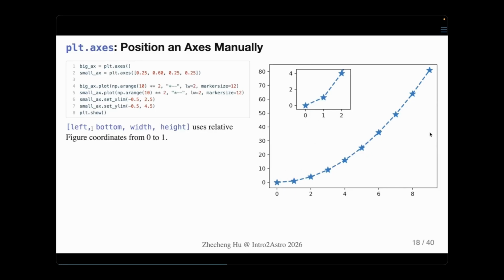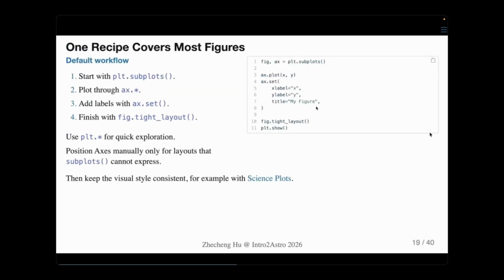You can define left, bottom, width, and height for this inset, in figure coordinates. And you can have overlapping subplots or overlapping axes, which is very handy if you want to create an inset or zoom-in plot. So this is the one recipe that covers most of the figures.